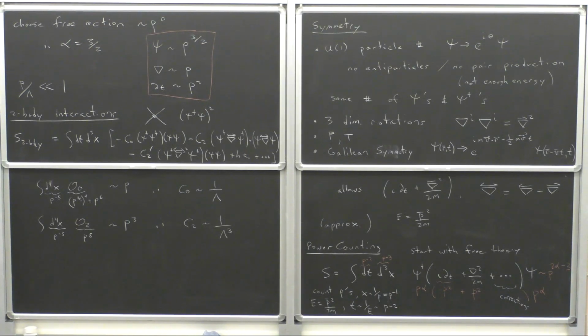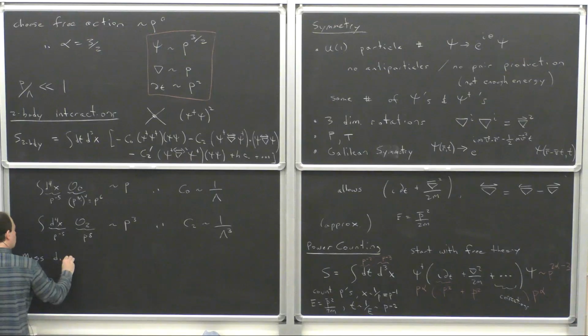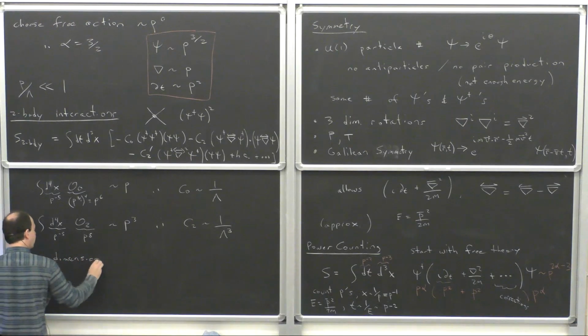Remember that lambda could be any of these low energy scales. It could be like the hyperfine splitting or something, right? What's making up the rest? So the power counting is not in mass dimension. It's in these p's, and this p over lambda expansion. I've determined the lambdas. I haven't worked out the mass dimension of the c's. Something's a little off. I have to think a little bit to get the mass dimension of the c's. A little harder.